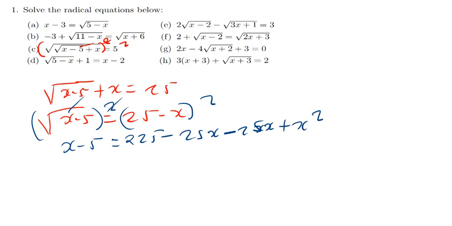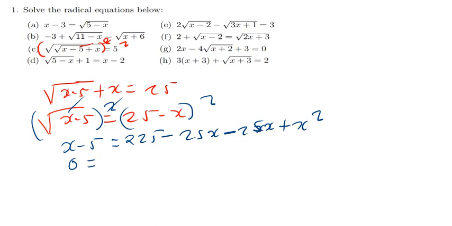This is now a quadratic equation. Shift everything here to the other side, and you remain with 0 here. So 25 times 25 is 625, not 225.